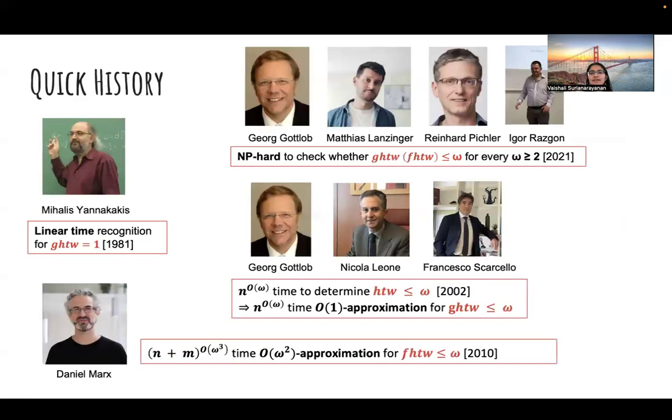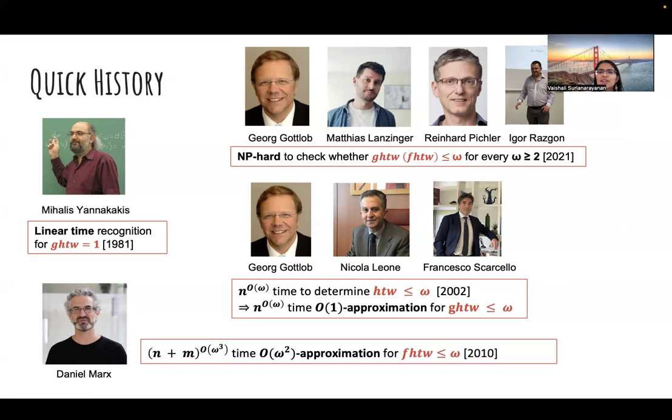Okay. Before we move on to our results, we'll go into a quick history of what is known for all these parameters. So in 1981, Mihalis Yannakakis gave a linear time recognition algorithm for generalized hypertree width equal to 1, which is the class of acyclic hypergraphs. And it's been known since the 80s, I think, that generalized hypertree width and fractional hypertree width are NP-hard even for omega greater than or equal to 4.